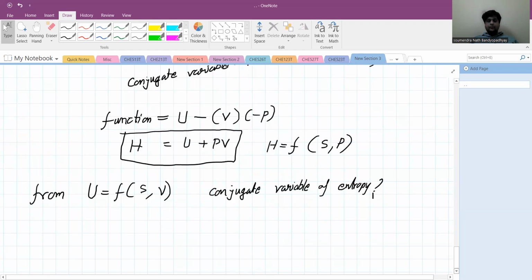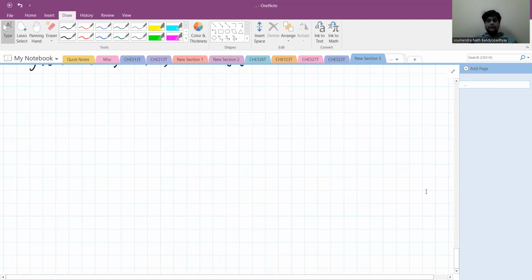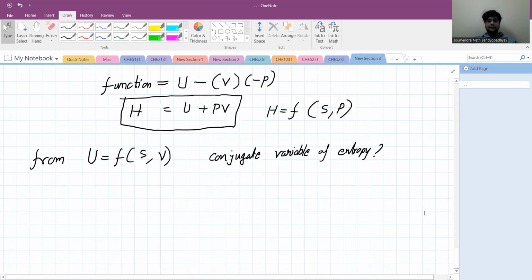Again, you are dealing with a function which is energy. So how can you get energy using entropy? Think about the units. You can get the energy term if you multiply entropy with temperature, right?